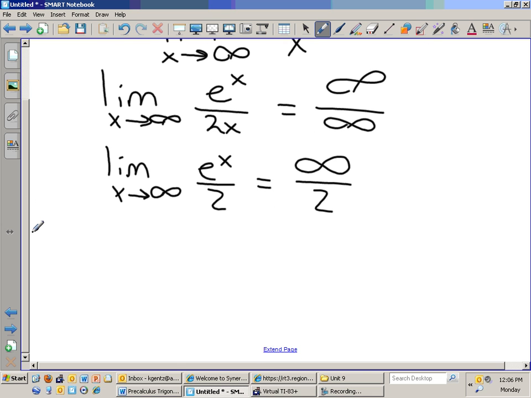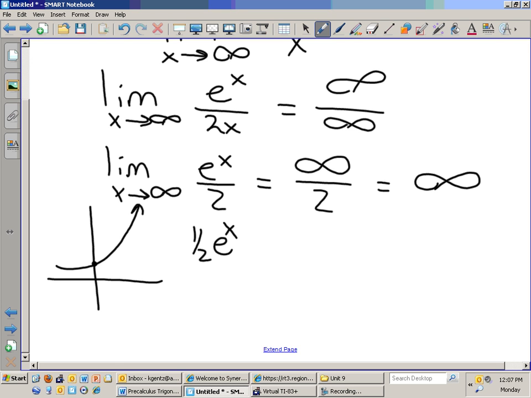So what we have to do is we have to look at our function right here. And this function, as you can see, is 1/2 e to the x. And if you would look at that graph, it simply just goes like this. Now it goes at a little bit less of a rate than, say, just the generic e to the x, but it still does go to, as you guys can see, infinity.